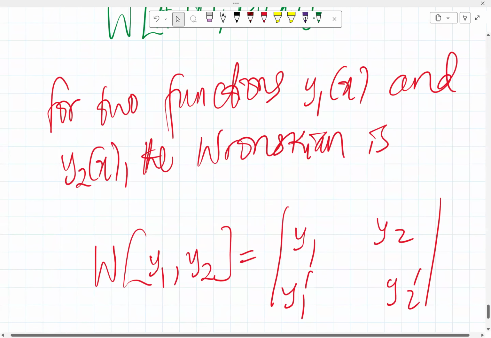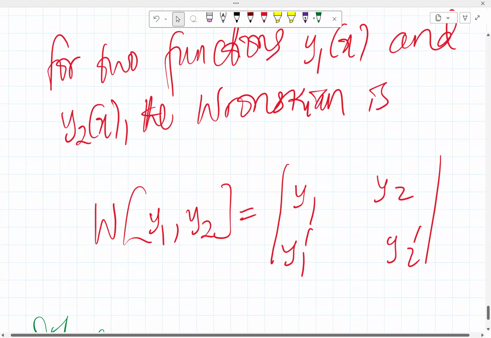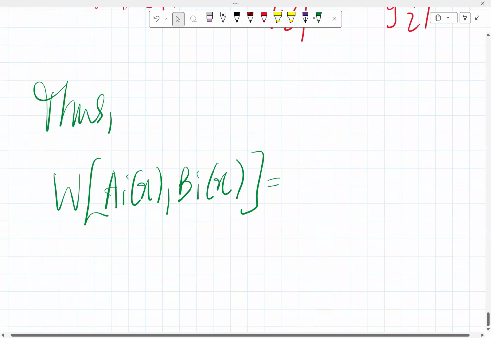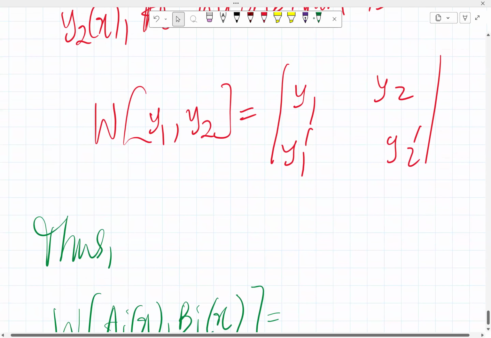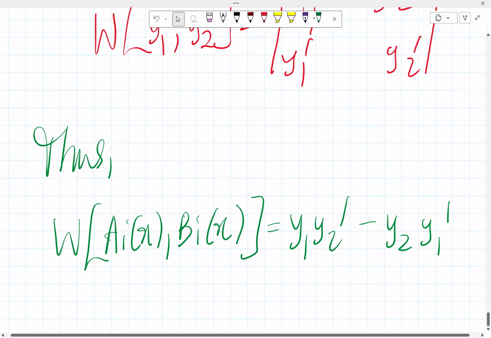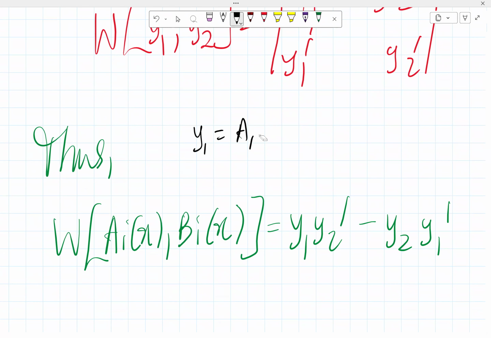So in this case, we can take y1 to be Ai of x, and we see y2 as Bi of x.